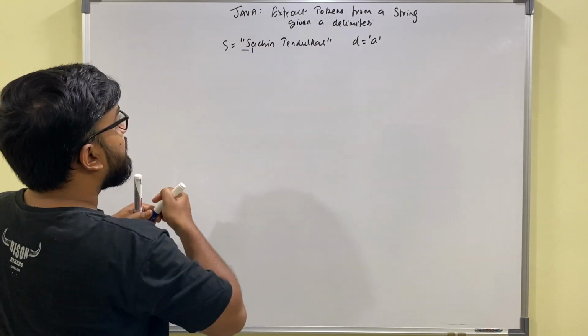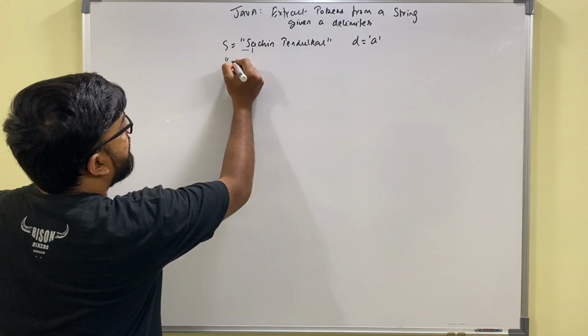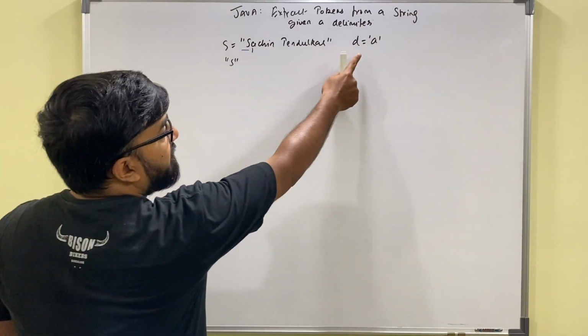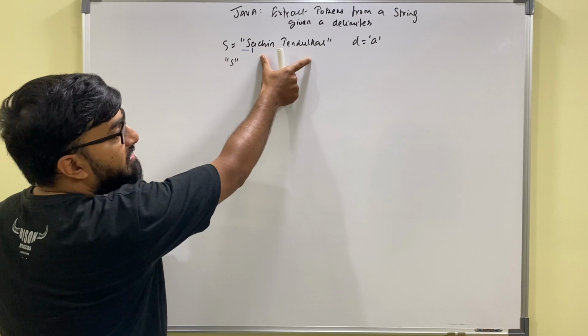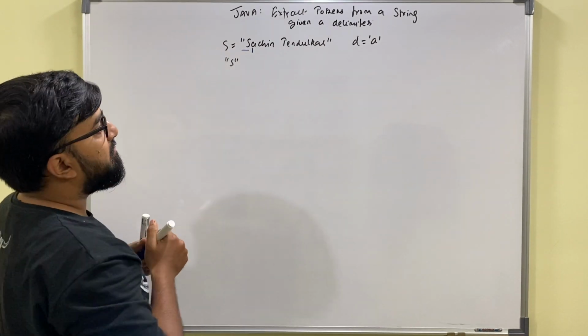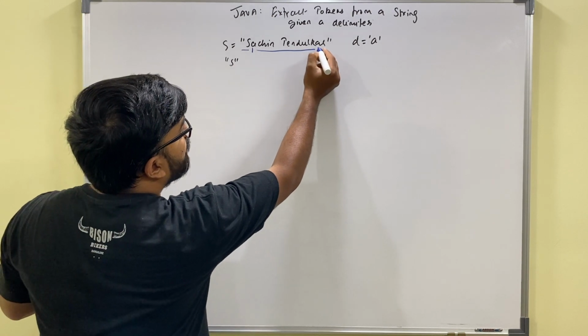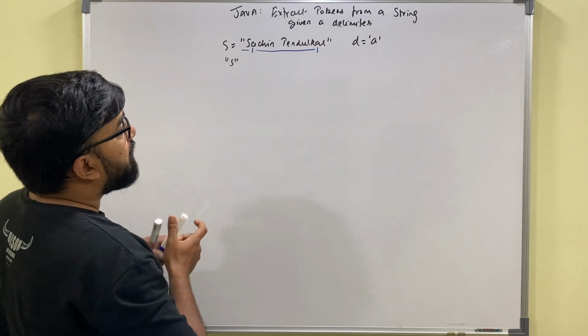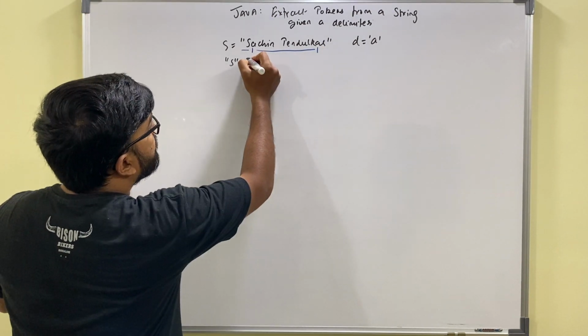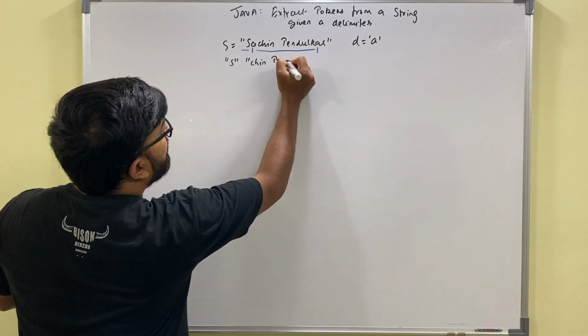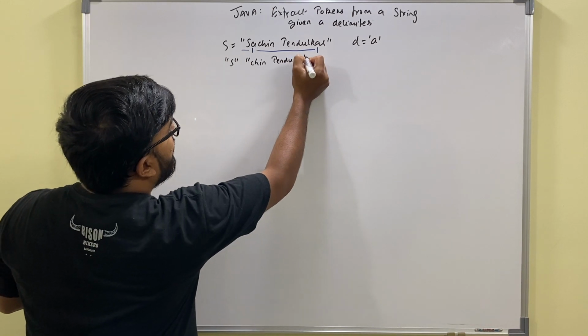So my first token is going to be s. I skip a because it is my delimiter, my boundary between which I need to find the tokens. I start from here and I look for a again. I stop here. So the next string that forms my token is "chin TENDULK".